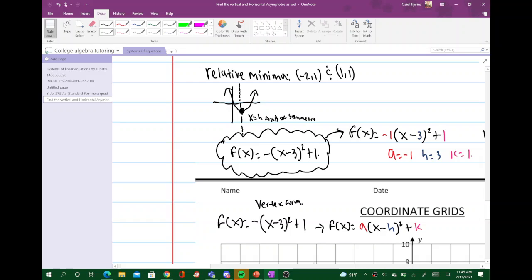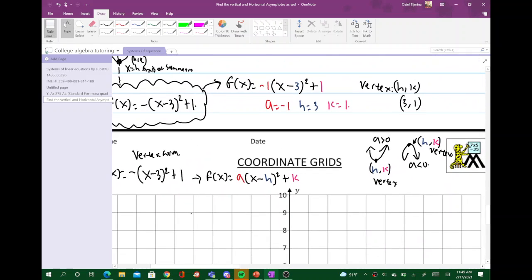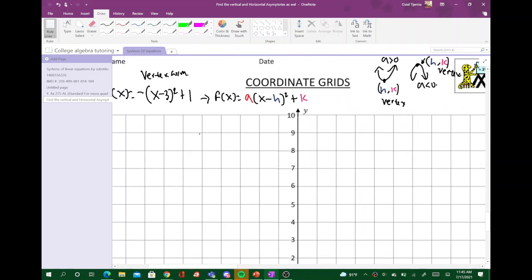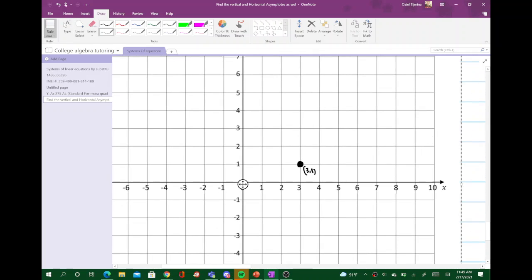And right here would be h comma k. The axis of symmetry just means that it is the x value of your vertex. So here, the axis of symmetry is x equals 3, right? So we can label that.